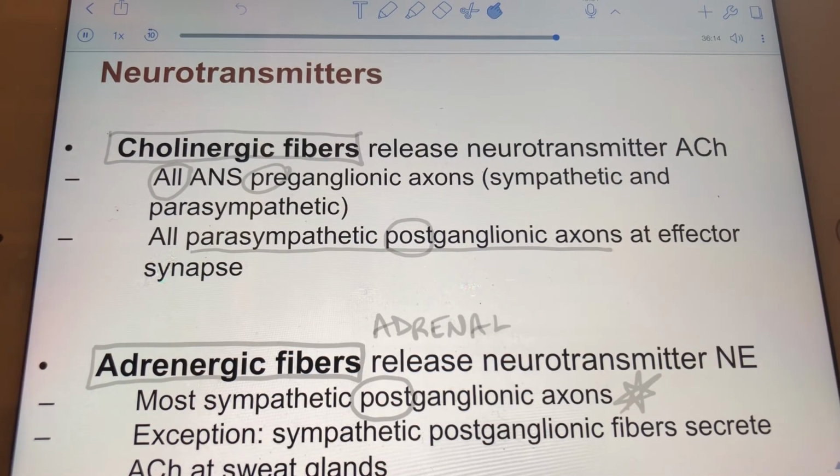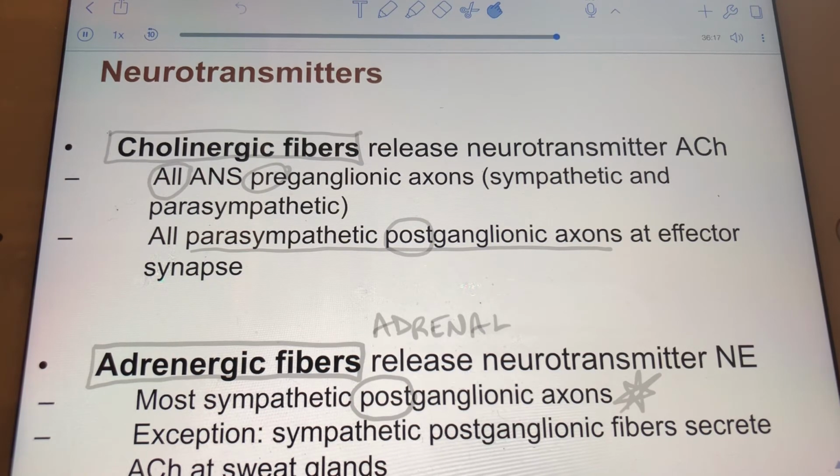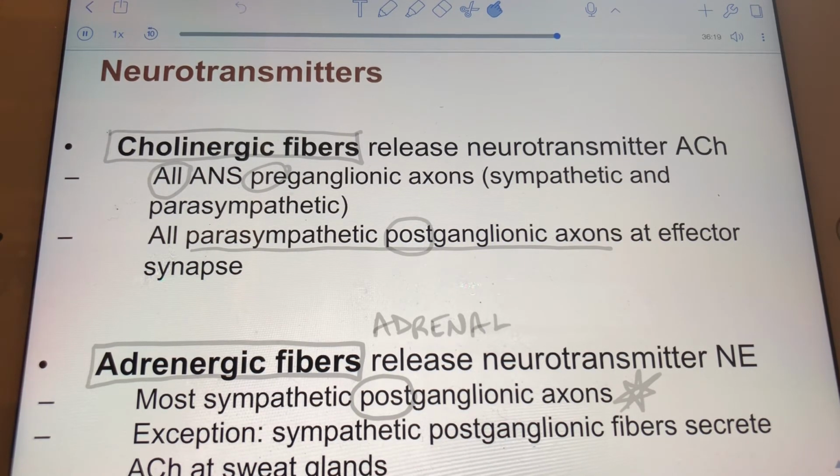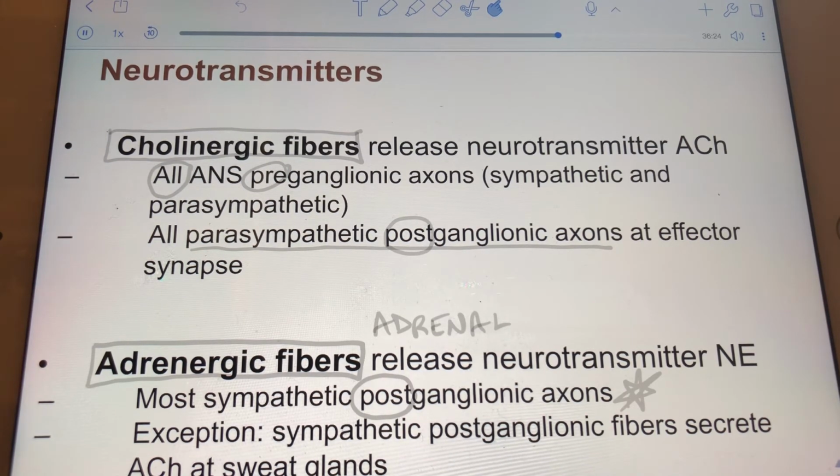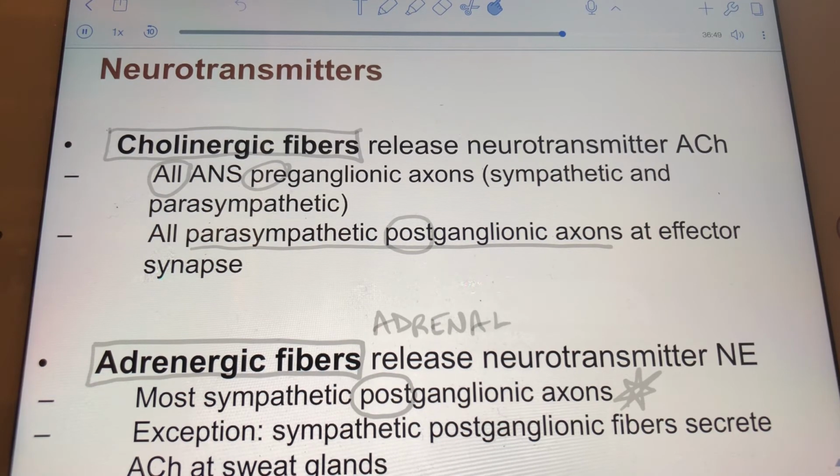When a neuron in either the sympathetic or parasympathetic pathways secretes a neurotransmitter, it's either going to secrete acetylcholine or norepinephrine.